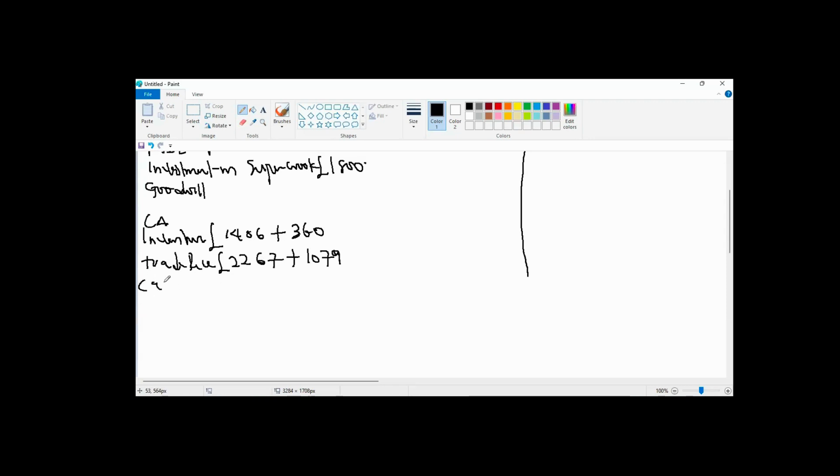Cash: 221 plus 7. Total assets. Equities and liabilities. Share capital.